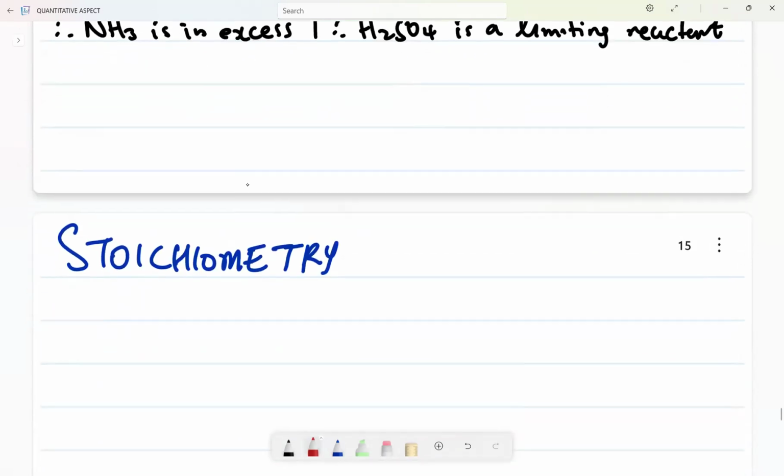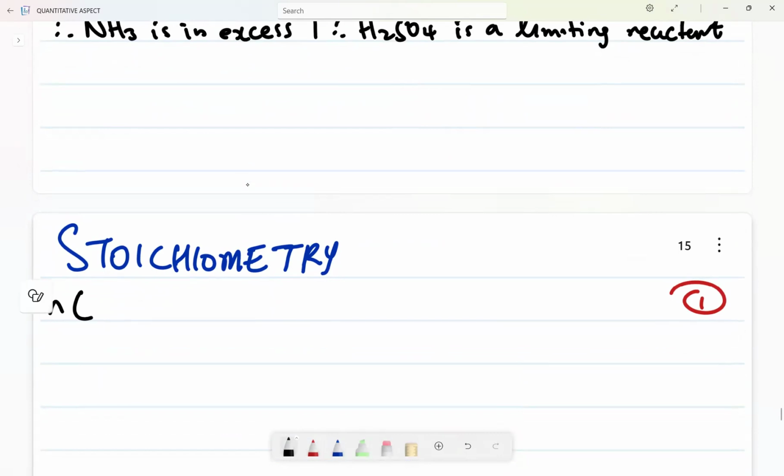It is complete. Again, step 1 of stoichiometry is complete. Now finding what? The number of moles of a limiting reagent. What is a limiting reagent? H2SO4, which is what?